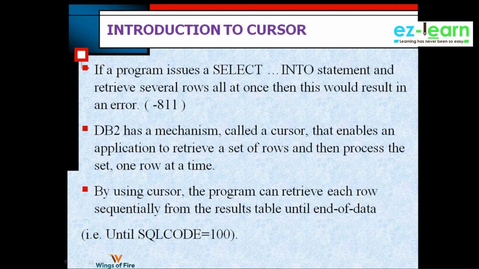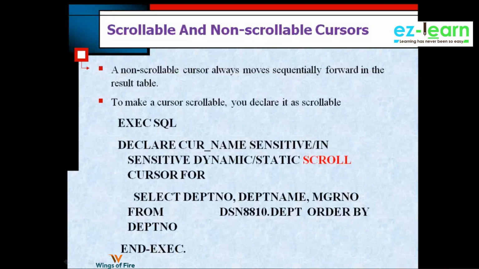By using a cursor, the program can retrieve each row sequentially from the result table until end of data, until SQLCODE is equal to 100. This is why we need a cursor, because we are going to mass select and process.